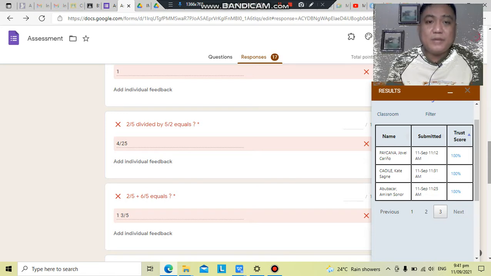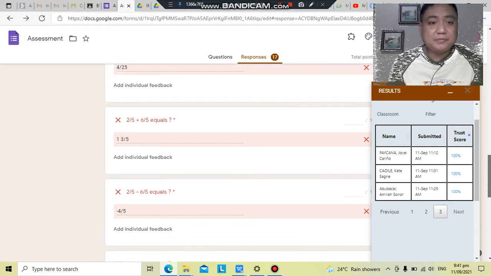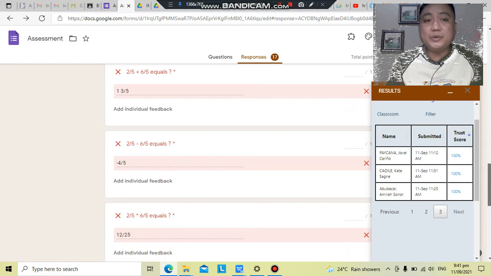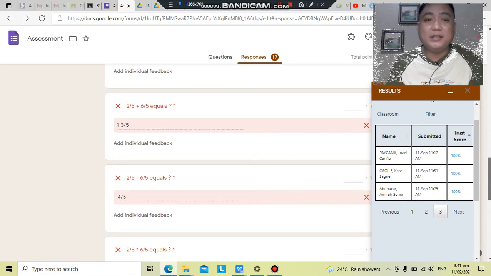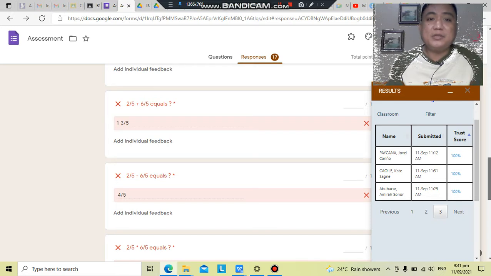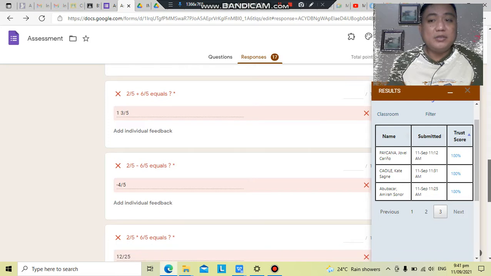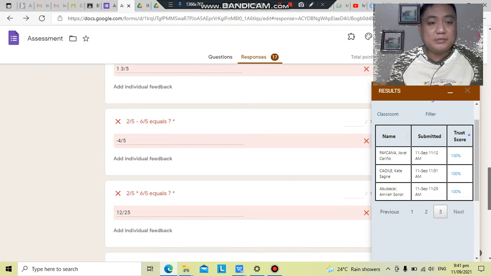So 2 times 2, 4. 5 times 5, 25. For like terms, you need only to add the numerator and remain po the denominator. So 8 over 5. Then you need to reduce it to its lowest term.